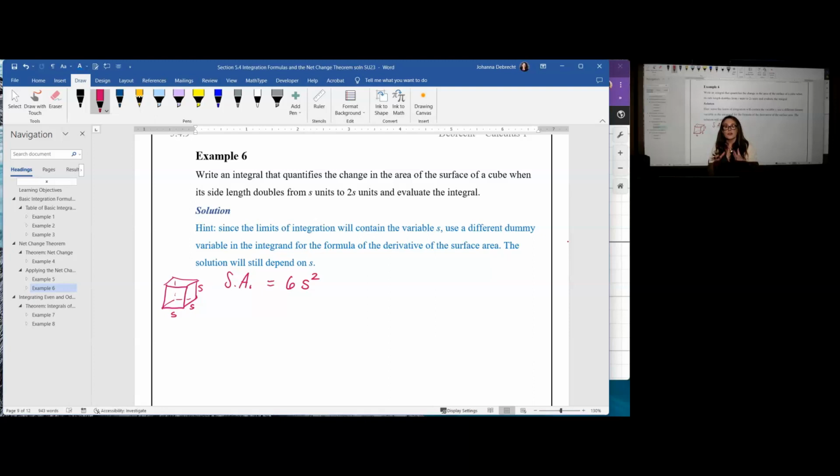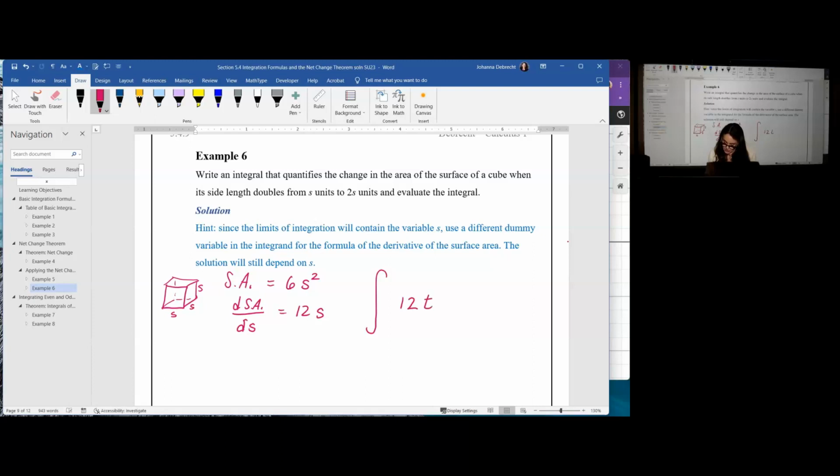Now I'm looking for net change in the area. So I need to find the derivative of the area function. When I take the derivative of the surface area with respect to the side length, I get 12s. I'm going to use the 12s inside of my integral as the integrand.